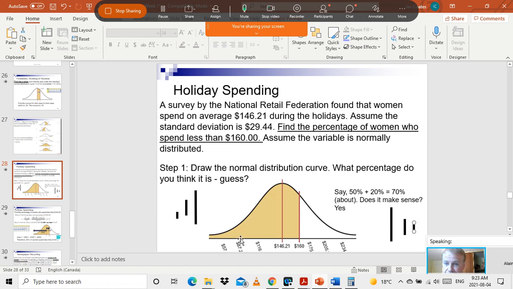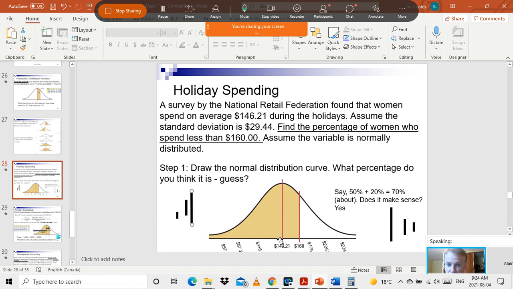And you could try and guess what percentage you think this is. This is so important, because the answer from your calculator may not be right, and I want you to be able to guesstimate your answer. What percentage?